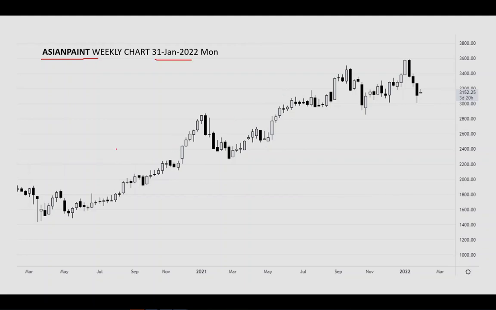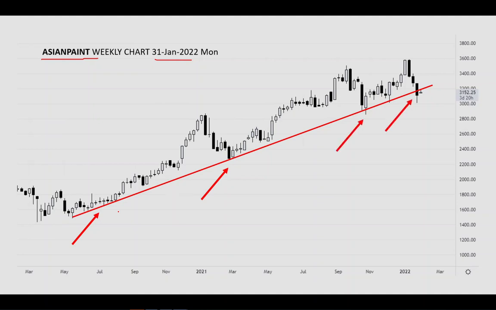Second, you draw a trend line like this on the stock price, look at the support line. This is the support line. How many times has the price taken support on this red line? The previous week's candle, for the first time, closed below the red support line.